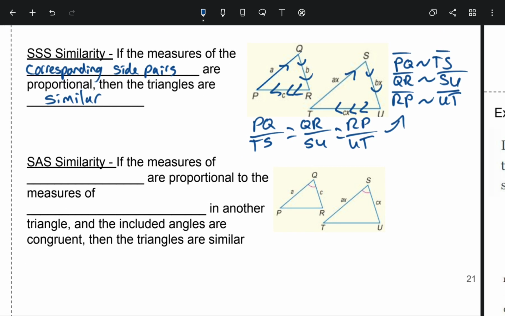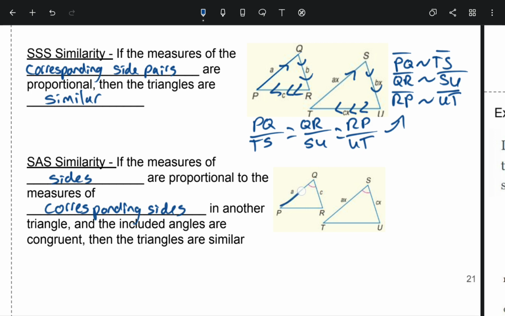The last similarity postulate we're going to look at is SAS, or side angle side similarity. So if the measures of sides are proportional to the measures of corresponding sides in another triangle, and the included angles are congruent, then the triangles are similar.